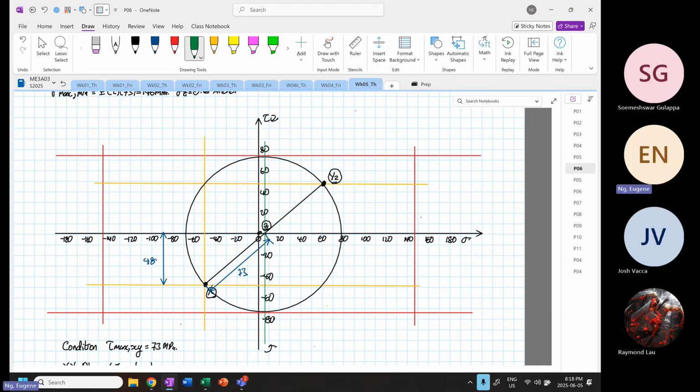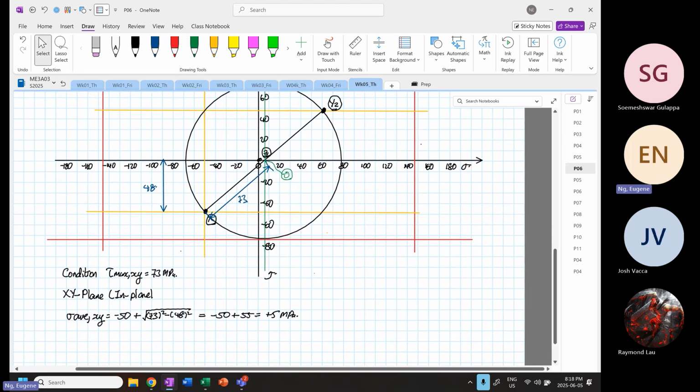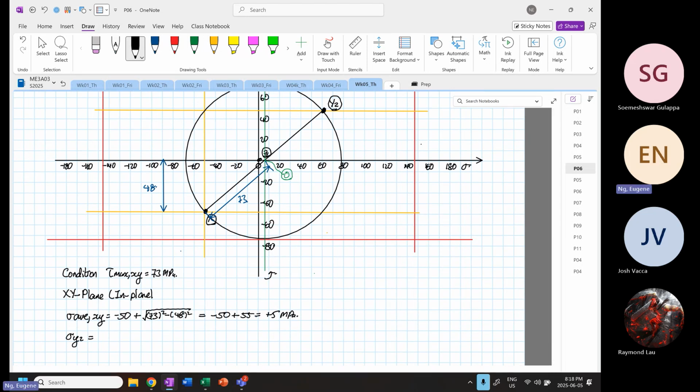Over here, I'm going to call this our point O. So from here, we can also calculate our stress Y2. And stress Y2 will be equal to 5 plus by 55, and this is equal to positive 60 megapascal.